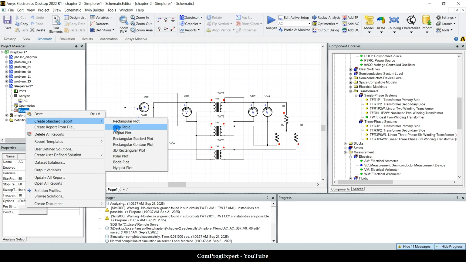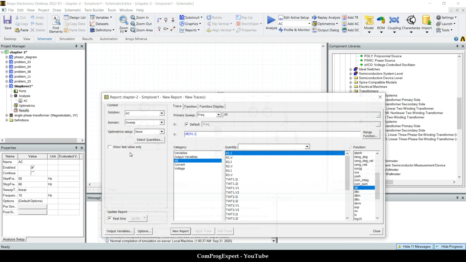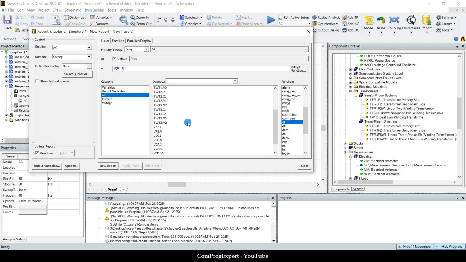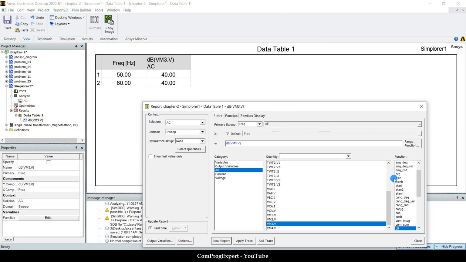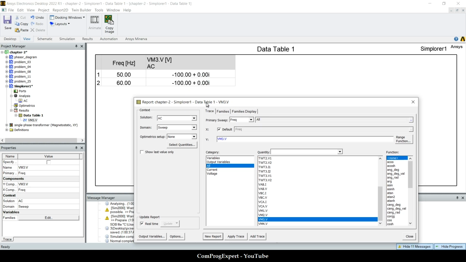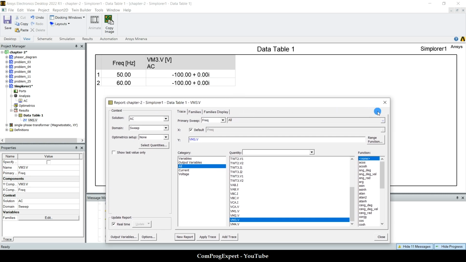So from the data table VM3, we have it here. This is the line-to-line voltage, the input. So you can see the value, and the angle we can check in magnitude and angle.